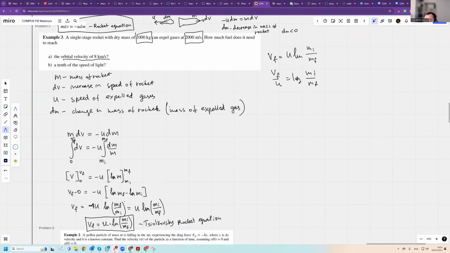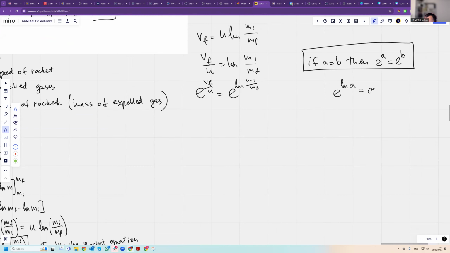Then you exponentiate both sides. That means if a equals b, then e to the power a equals e to the power b. You're allowed to do that. So e to the power vf over u equals e to the power ln mi over mf. And you also know that e to the power ln a is a.